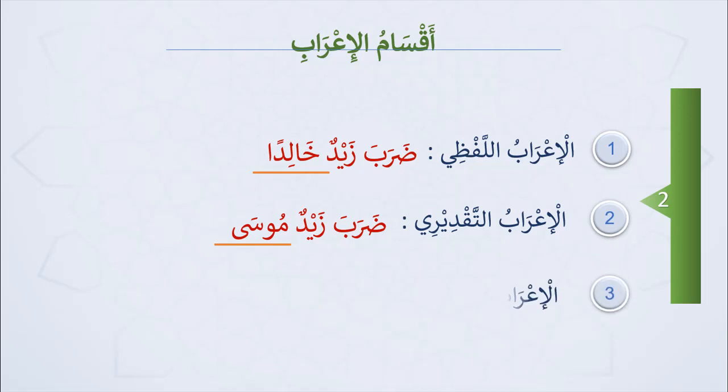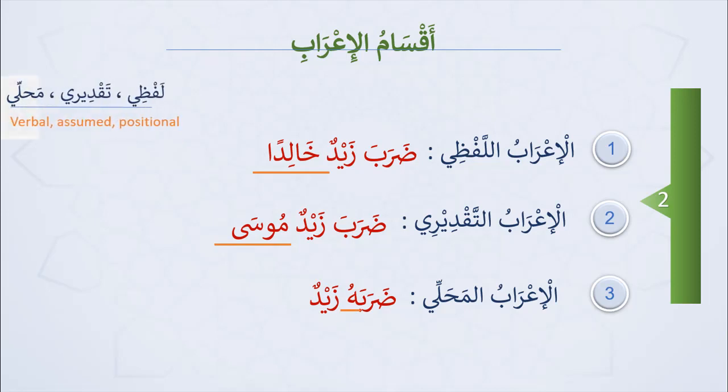The last is Al-I'rabu Al-Mahalli, positional inflection. You say ضربه زيد. Zayd beat him. Him is the object position and it's supposed to take Fatha, but here, because the pronoun represents the object, the pronoun takes its own permanent vowel, which is Dhamma.